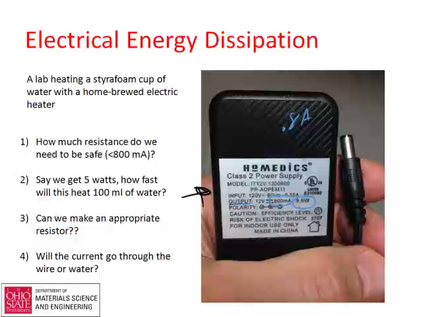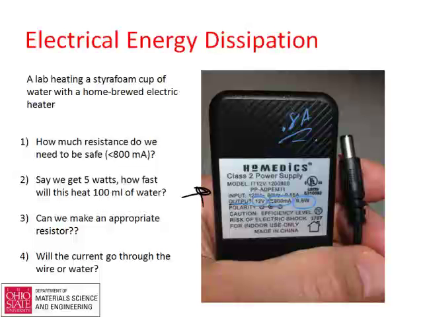So based on that, if you don't want to go beyond 800 milliamps, if you've got 12 volts and a 24 ohm resistor, you're going to be at half an amp. So you want to have a resistance somewhere in 20 ohms or thereabouts, or you're going to burn out your power supply, and it won't be very dramatic if you do.